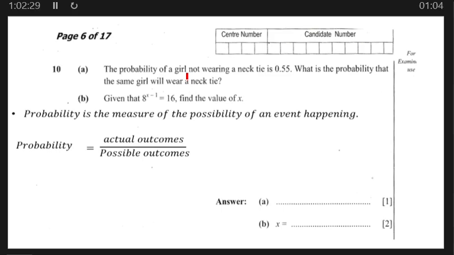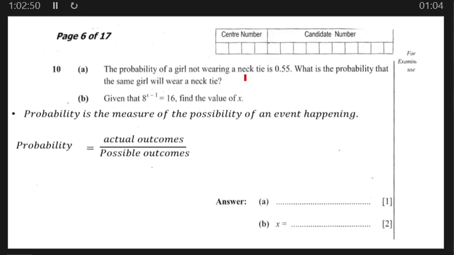But only one outcome can be done. It cannot be that a girl hasn't worn the necktie and also has worn a necktie at the same time. No. Of these two possibilities, one can happen at a time. So which is given by actual outcome over possible outcome.